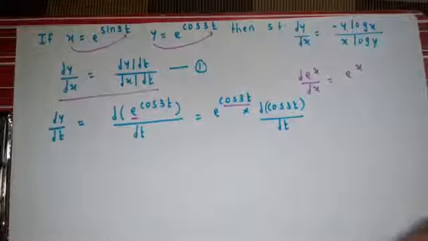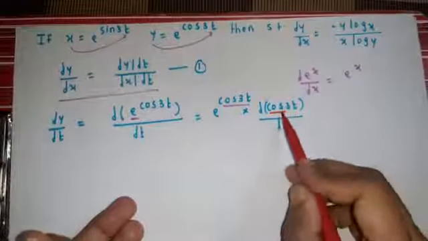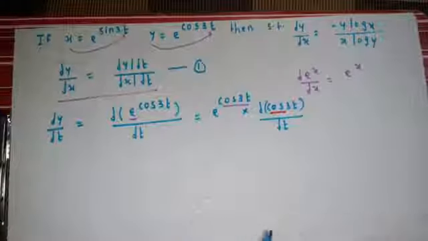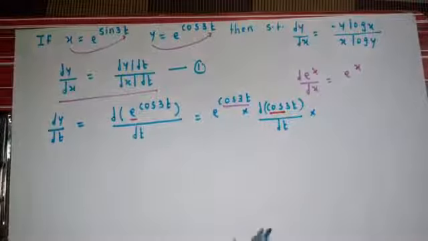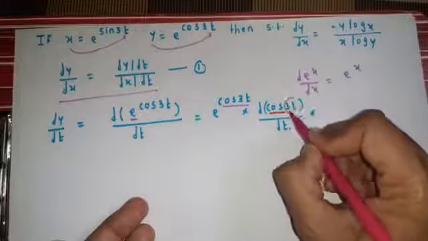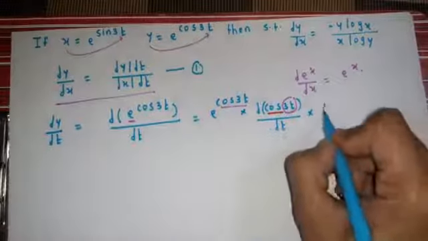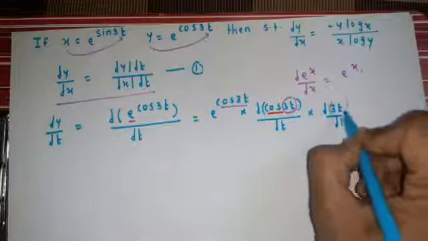Now here we differentiate according to the cos rule, but this cos is again a function of 3t, and therefore again differentiate this 3t, into differentiation of 3t with respect to t, in this way.